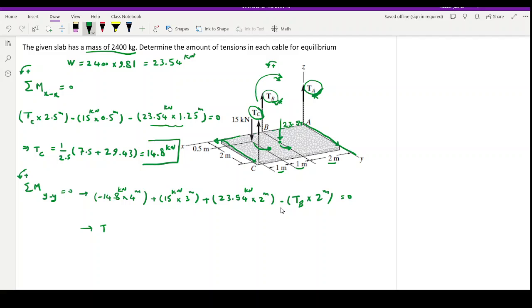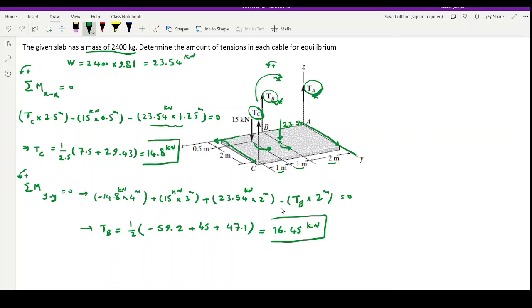From here you can calculate TB, which is going to be 1 over 2 times negative 59.2 plus 45 plus 47.1, and that's going to be equal to 16.45 kilonewton. I calculated the second force.